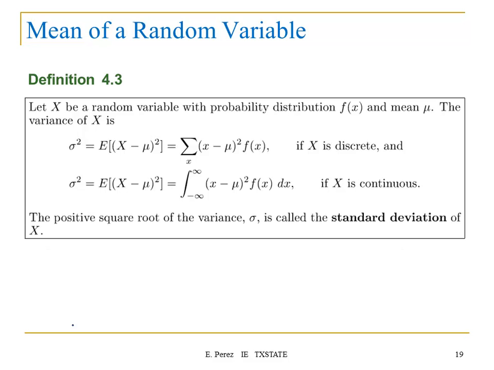For the discrete case, we're going to look at the summation of that term for each value of the random variable. For the continuous case, we still use the same term, but instead of the summation, we're going to look at the integral. And again, the positive square root of the variance, sigma, is called the standard deviation of the random variable x. Okay, so the mean, the variance, standard deviation.